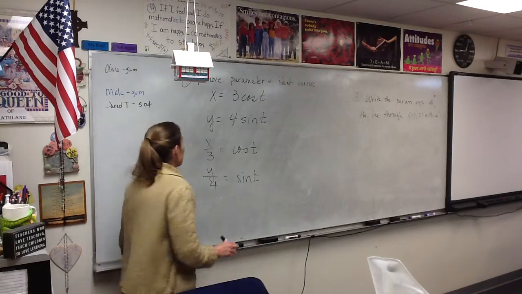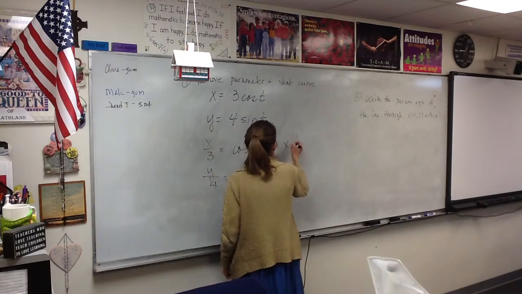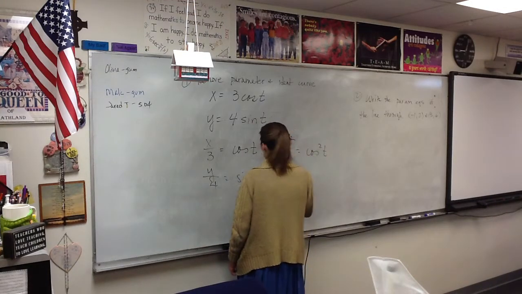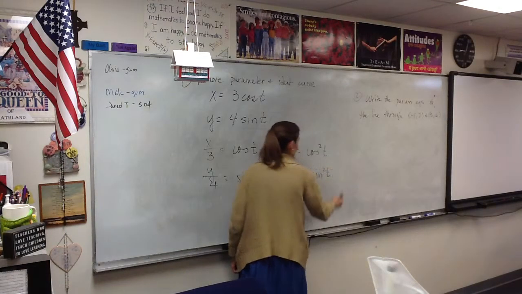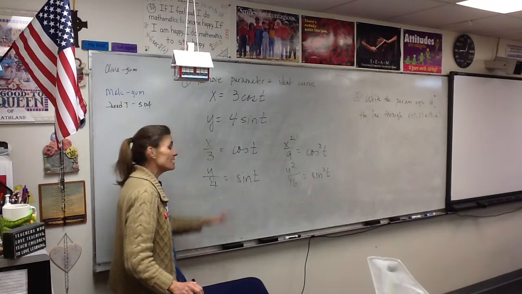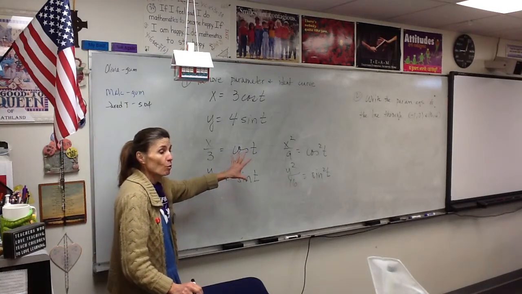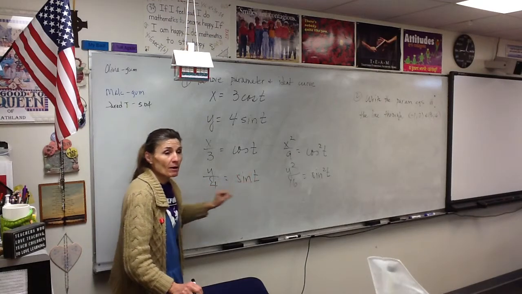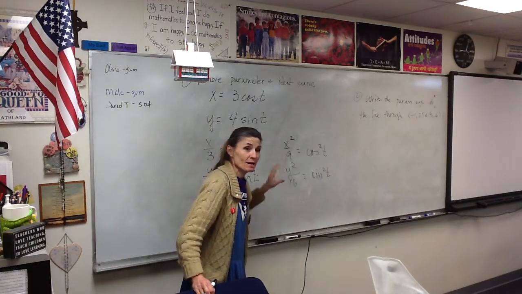Square everything. If we square everything, we'll have x squared over 9 equals cosine squared, and y squared over 16 equals sine squared. Now, those of you that were here yesterday, and those of you who weren't, who watched the video as you were supposed to have, now these start to look familiar. What's our objective here? What's going to happen? It goes to 1.